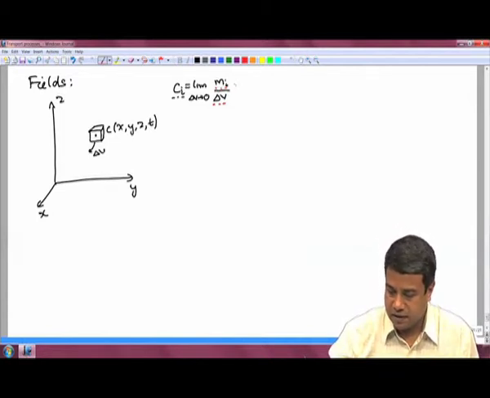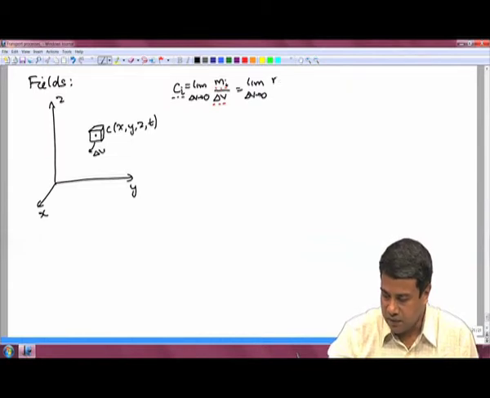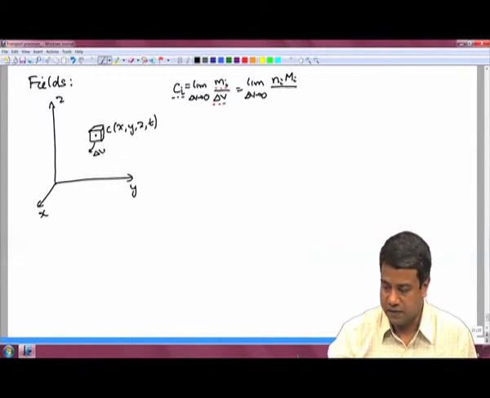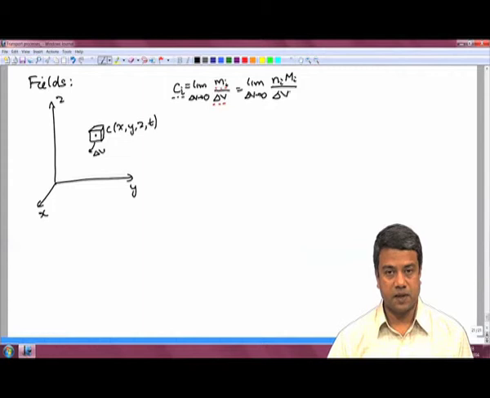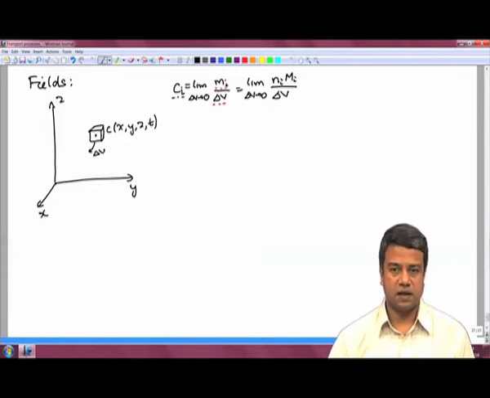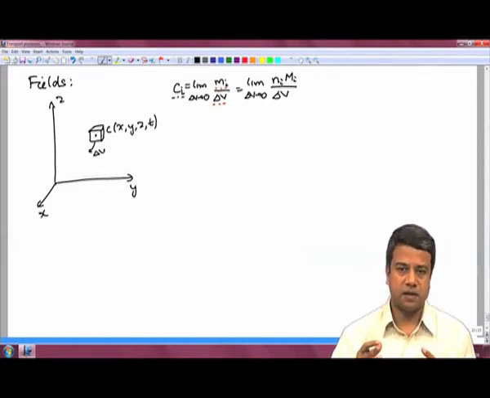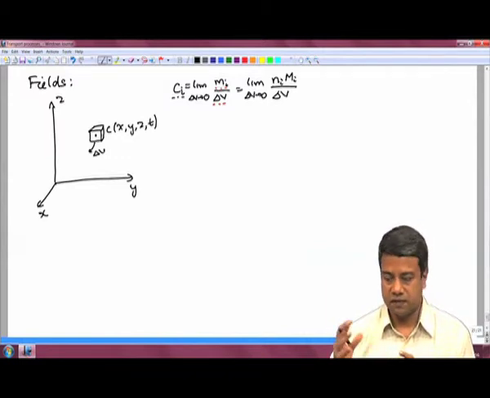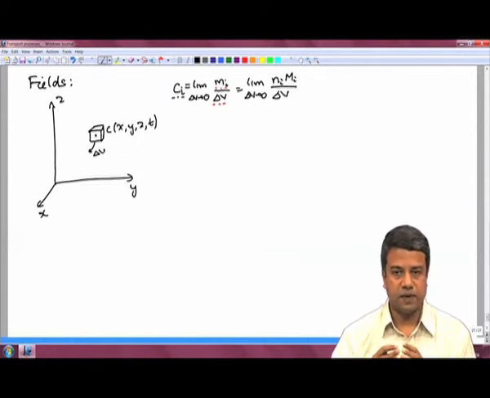So, in order to get the concentration of species I, what I need to do is take the limit as delta V goes to 0 of the number of molecules of species I times the molecular mass of species I, divided by delta V, where capital M I is the molecular mass of species I. So, that is the definition of the concentration. If you go to a point and take a small volume around that point, it can be of arbitrary shape, arbitrary size, but as the volume goes to 0, as you shrink it further and further, find out the total mass within that volume divided by the volume itself.